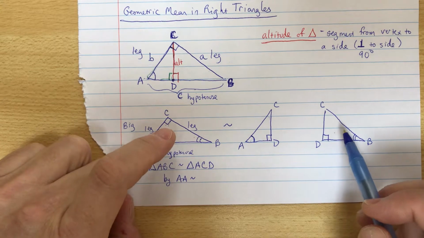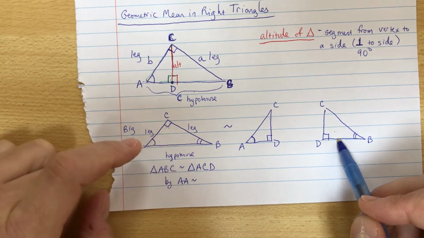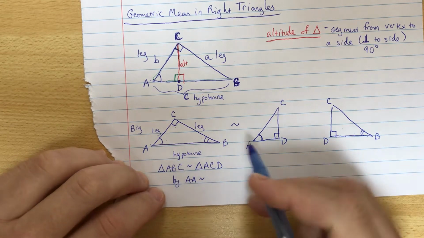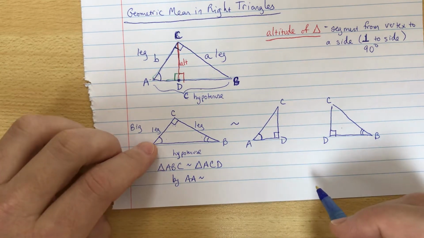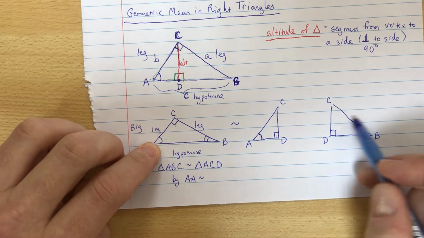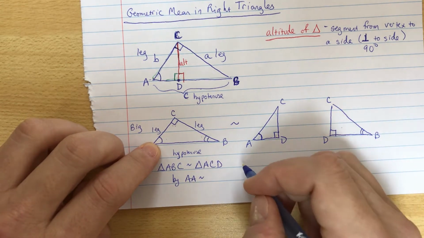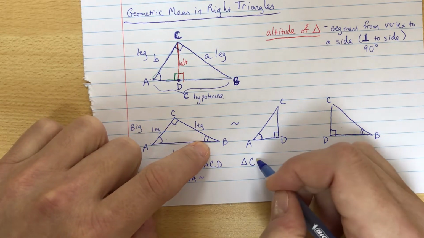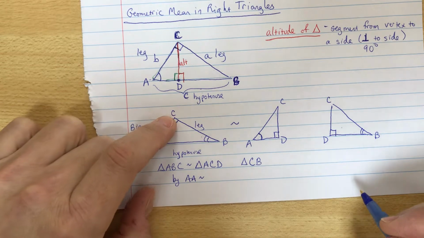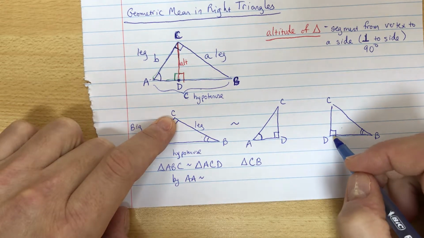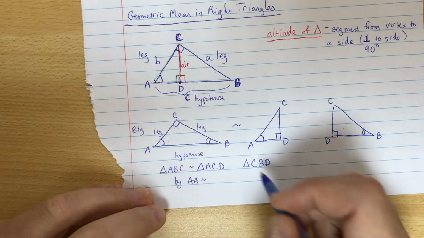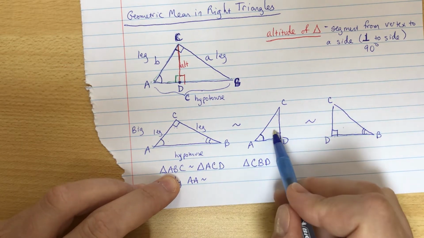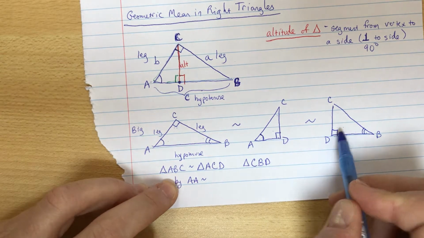Now if I'm comparing the big one and this small one, triangle ABC, I'll use this again. Triangle ABC is going to match, A is one arc. The one arc here must be angle C, so that'd be triangle C. B has two arcs, that matches to itself, and then the right angle C matches to the right angle D. And because this triangle is similar to both of the small ones, the two small ones also have to be similar.